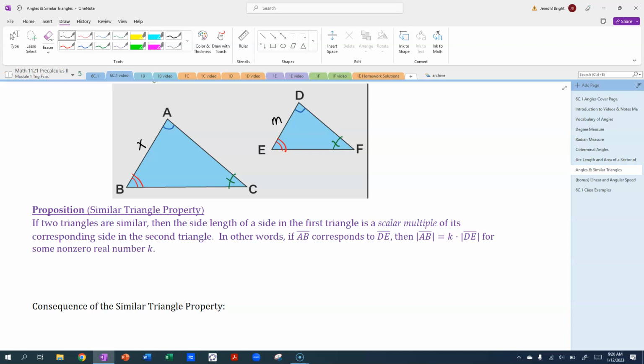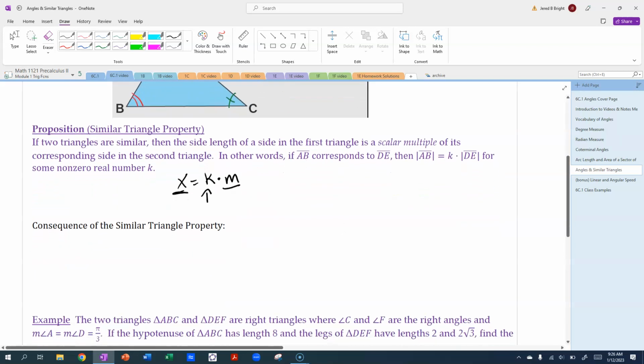So x is equal to k times m. We have the two side lengths related by some scalar k. K is just a number. It could be 2, could be 3, could be square root of 5. We don't know what it is until we find it, but we have x and m, so we'd be able to find k from that.